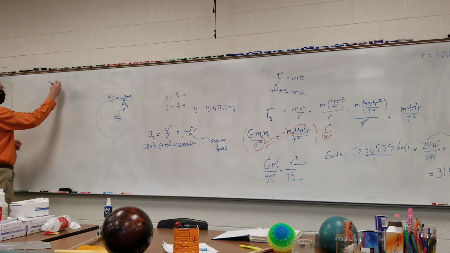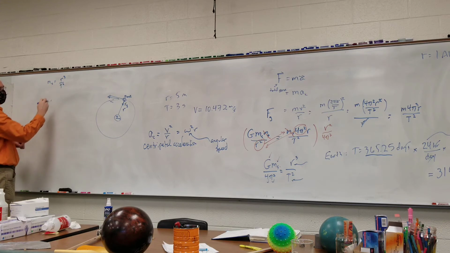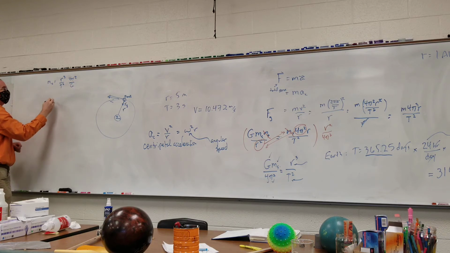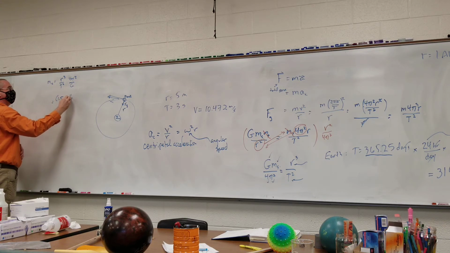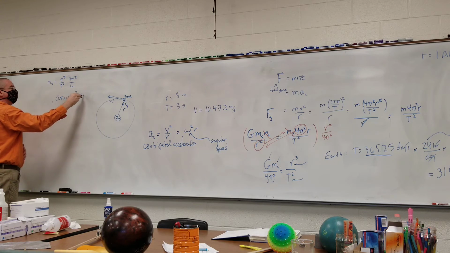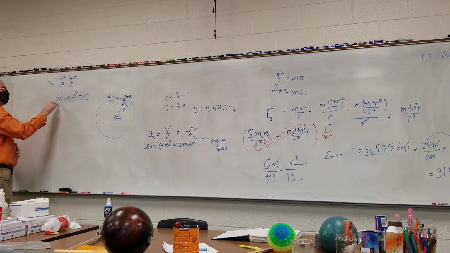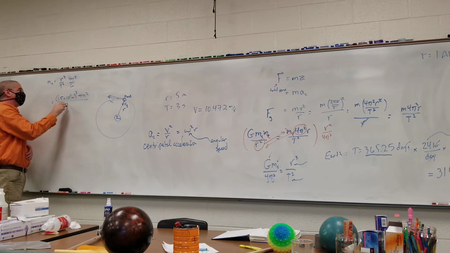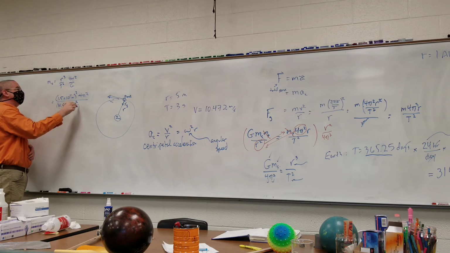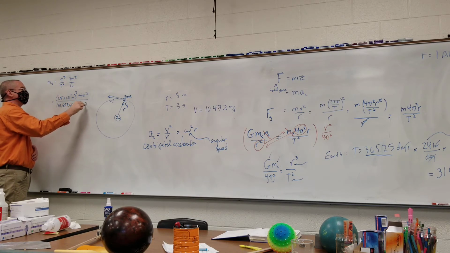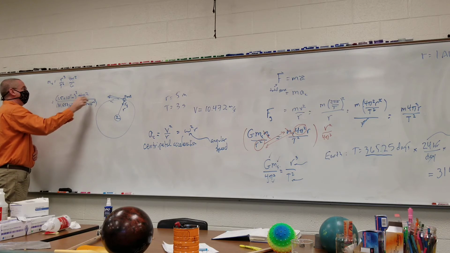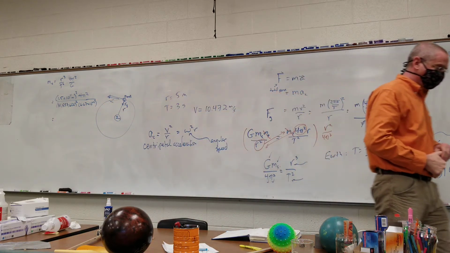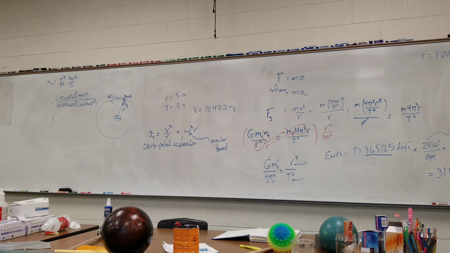The mass of the sun is going to be r cubed over T squared times 4 pi squared over big G. So that is 1.5 times 10 to the 11th meters cubed times 4 pi squared over the period, which was 31,557,600 squared, times G, which is 6.67 times 10 to the negative 11th. If someone with a calculator, or several people with a calculator, would be so kind as to calculate that.